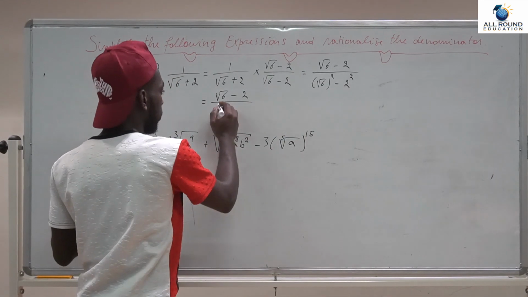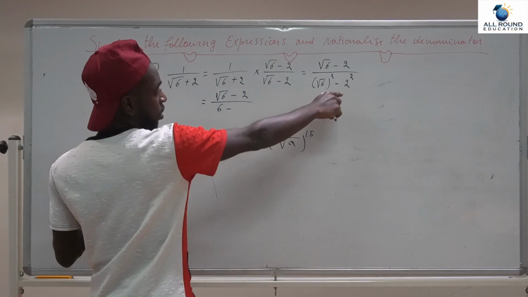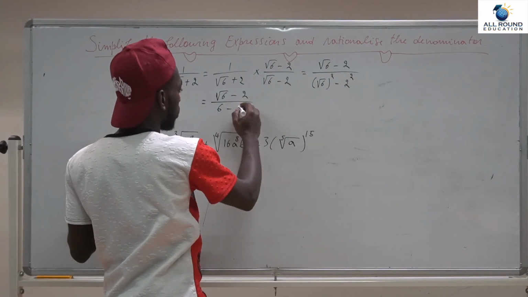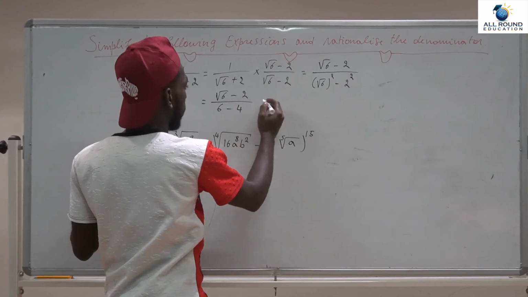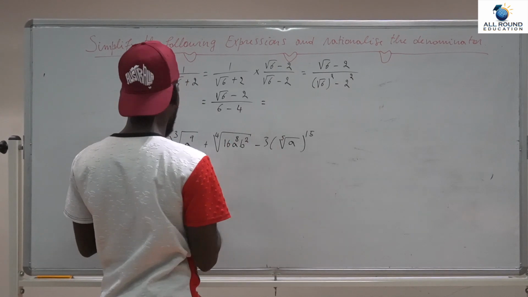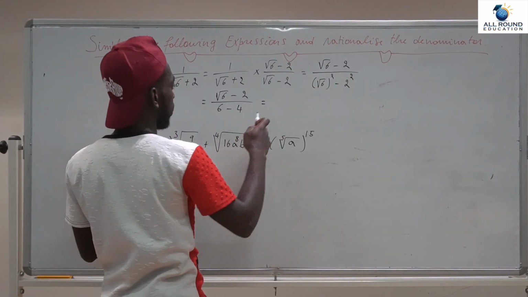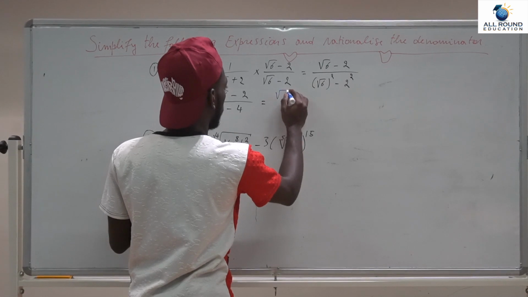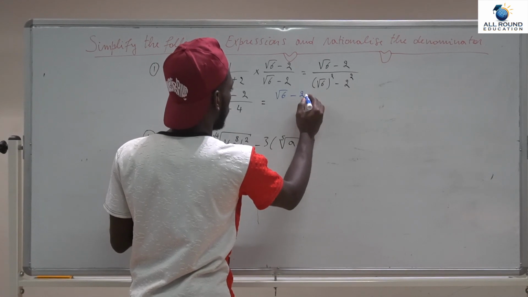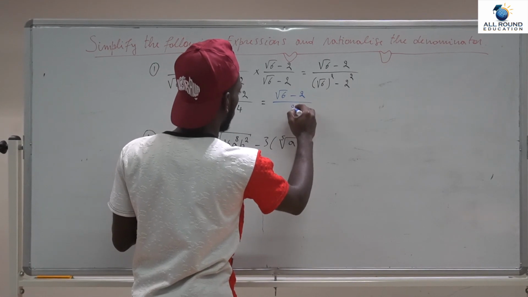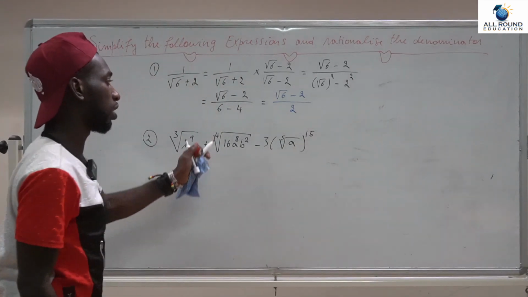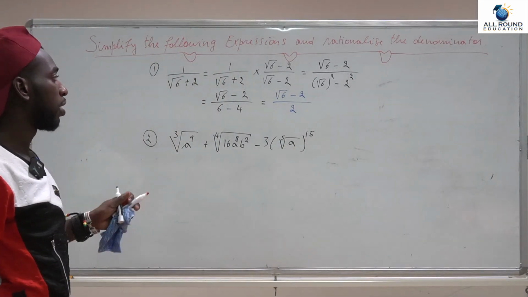What does that give? It gives you 6, minus, and what is 2 squared? It's just 4. And then our final answer is root 6 minus 2 over 2. So that's our final answer, guys.